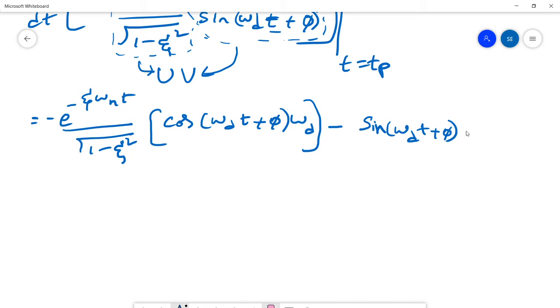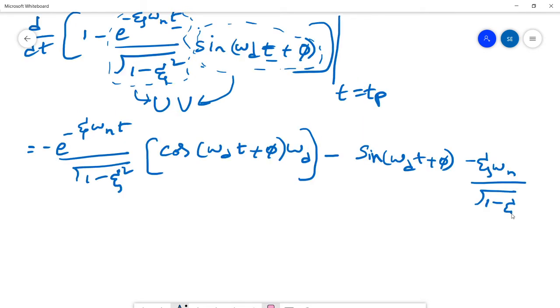Minus zeta omega n divided by root of 1 minus zeta square.